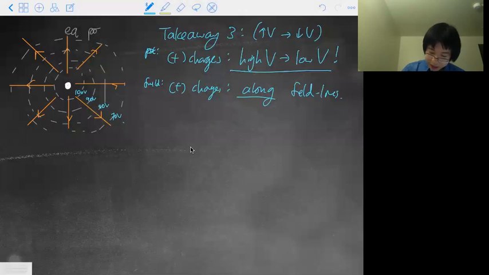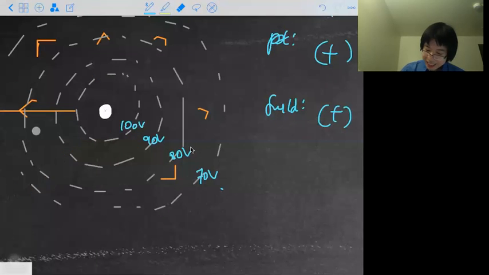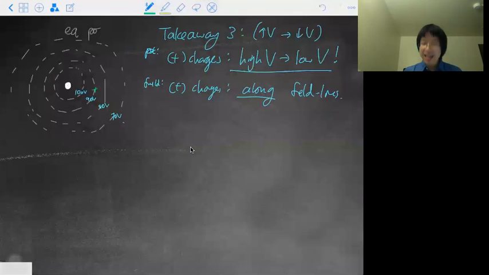So even if I erase the field lines and now ask you, if I put a positive charge here, which way will it go? Even without the field lines, you can tell me it will not go up this way, it will go down this way. So without the field lines, just by looking at the equipotential surfaces, that's a way to visualize it. Okay.